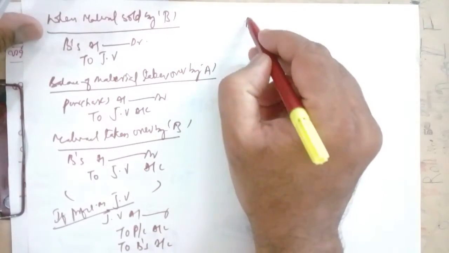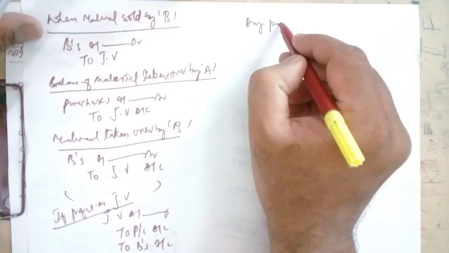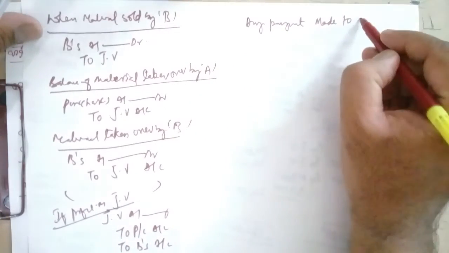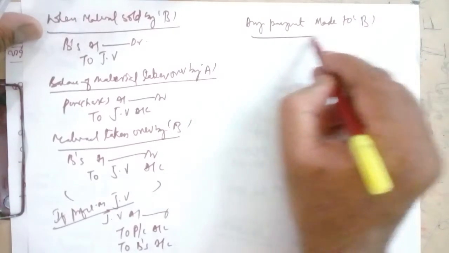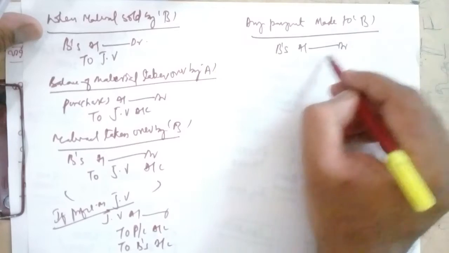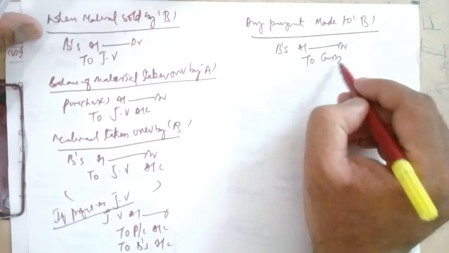Suppose any payment is made to B, the entry would be B's account debit to cash.